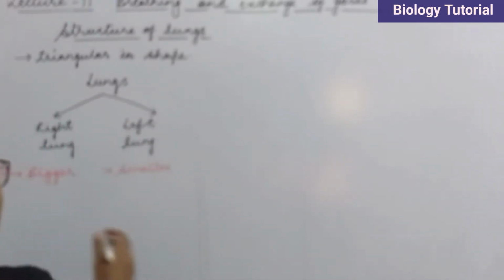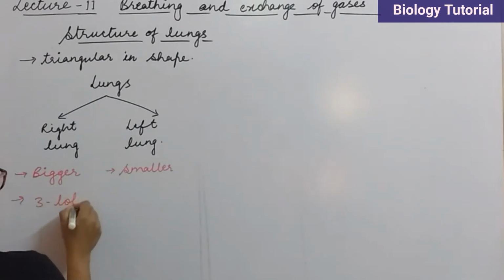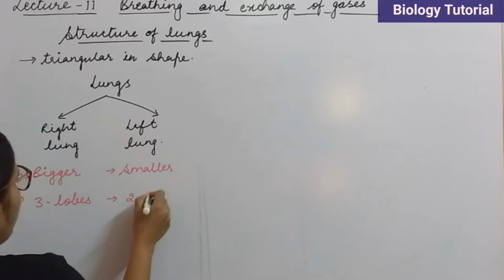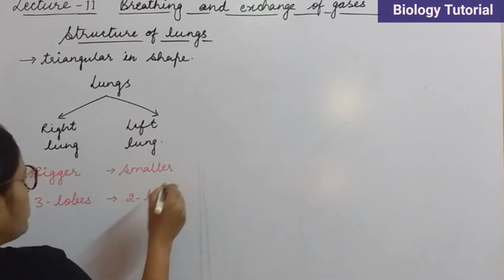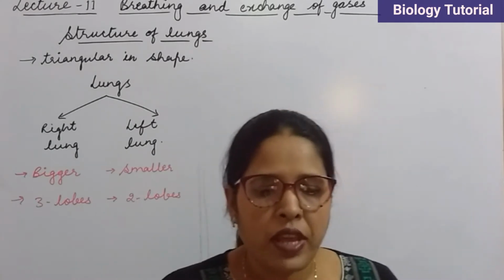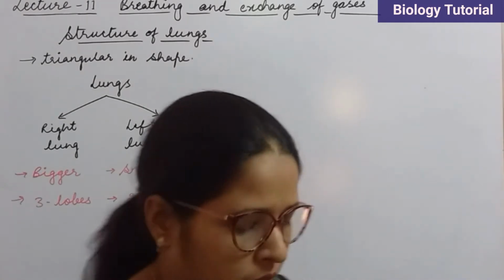Next, right lung is divided into 3 lobes, while the left lung is divided into only 2 lobes. Okay? So in right lung 3 lobes are there, and in left lung 2 lobes are present.